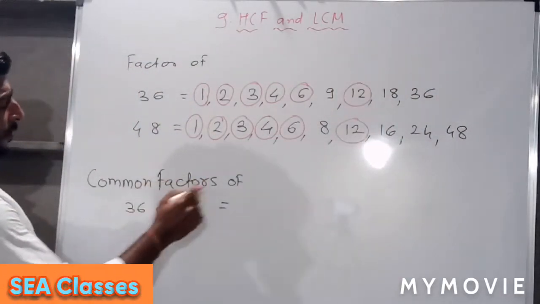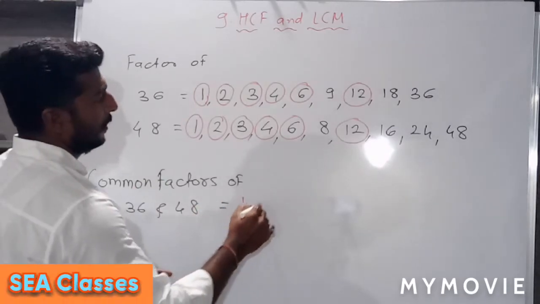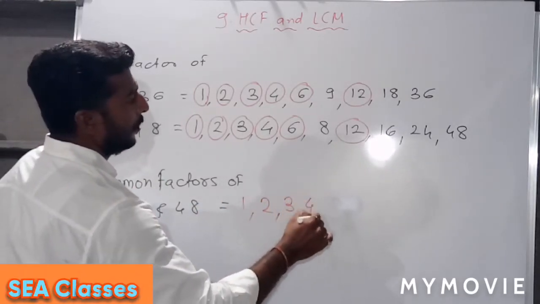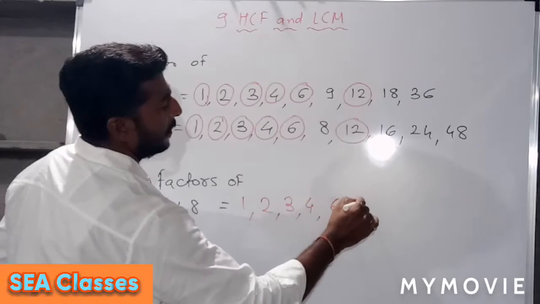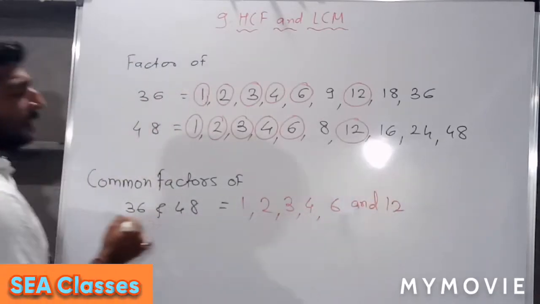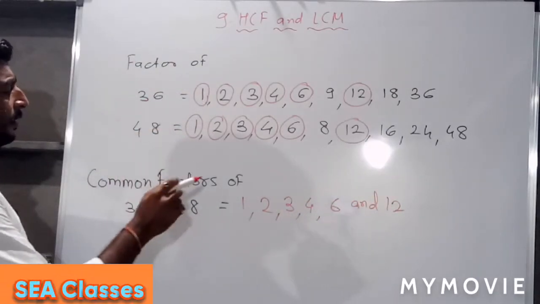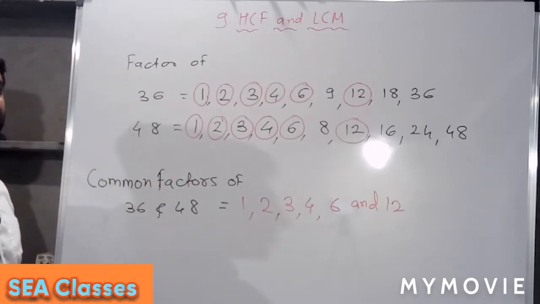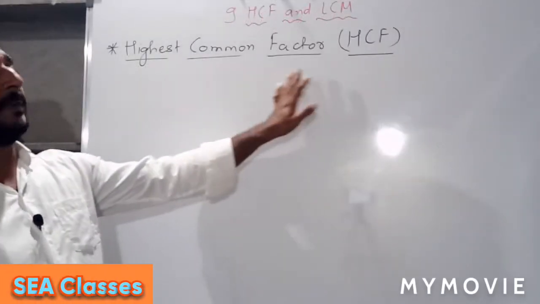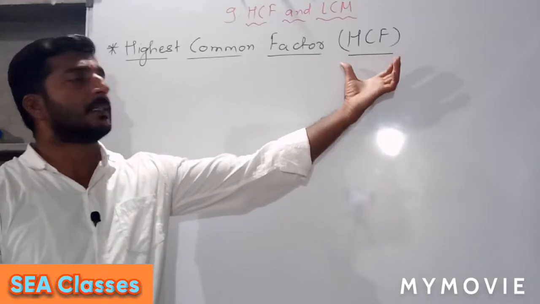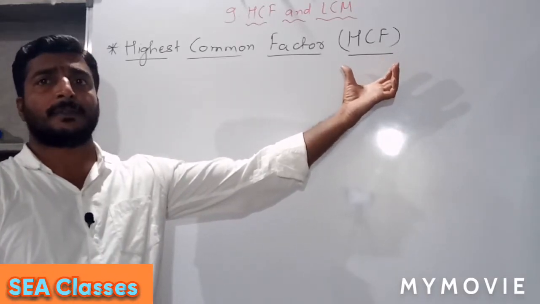So the common factors of 36 and 48 are 1, 2, 3, 4, 6 and 12. Now we will study highest common factor, in short called HCF.